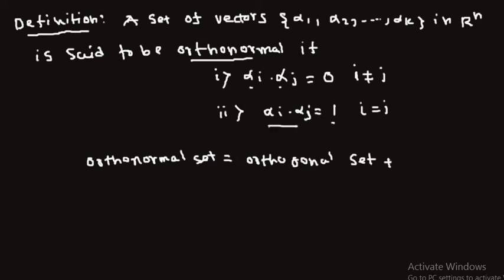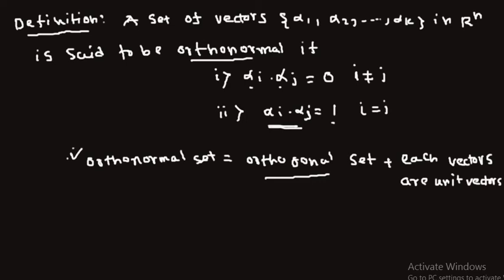You can see that this is the concept of a unit vector, plus each vector in the set is a unit vector. So if this concept holds, that is, the set is orthogonal plus each vector is a unit vector, then the set is called an orthonormal set.